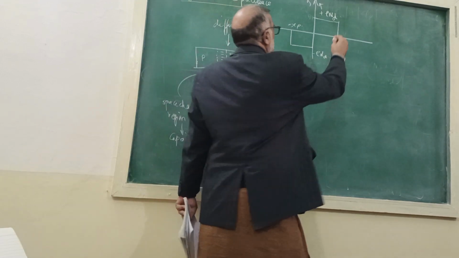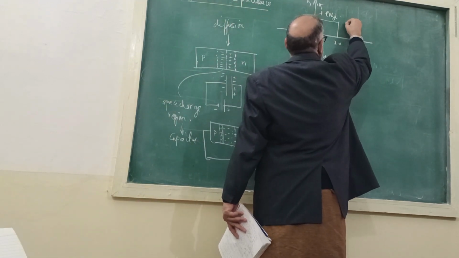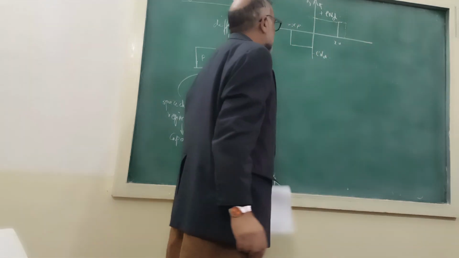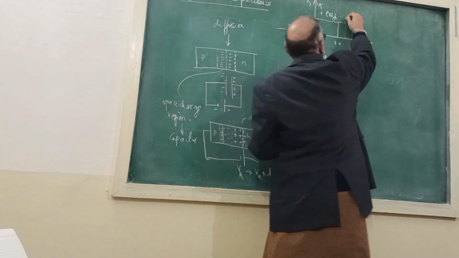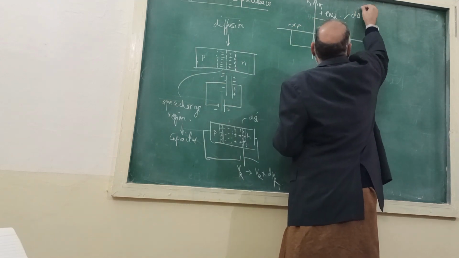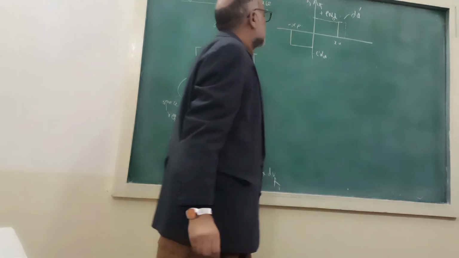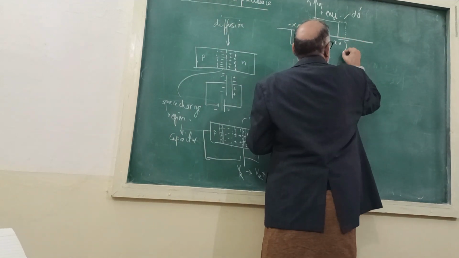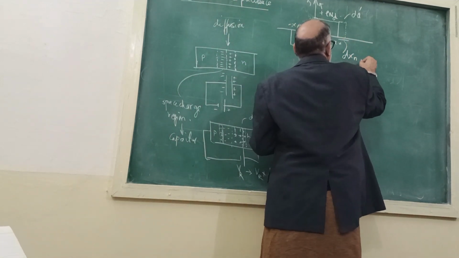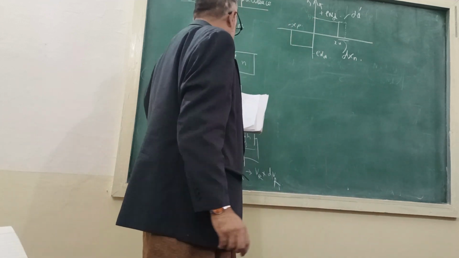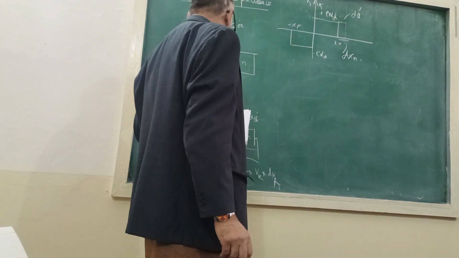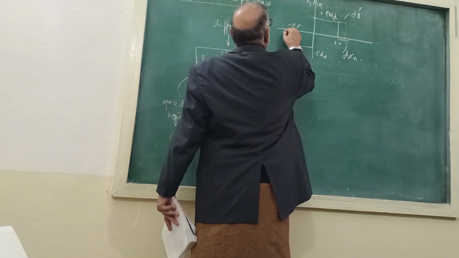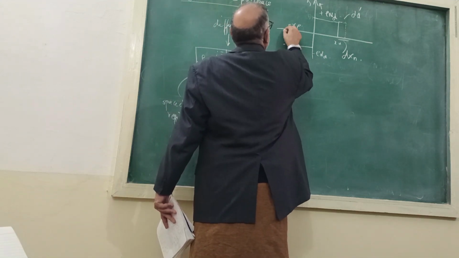If the reverse bias is applied, then the depletion region will extend to this level. So we can say let the charge here be dq prime, and the change in width I can call dxn, and dxp on the other side.